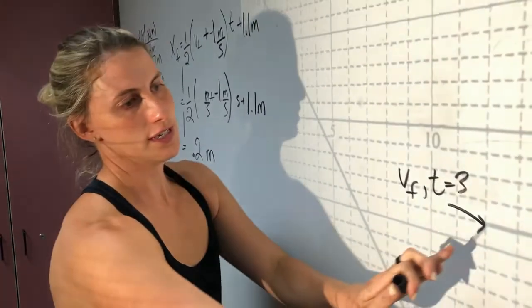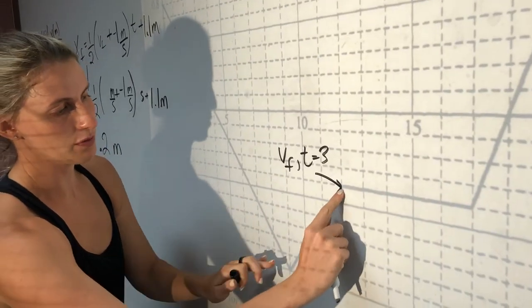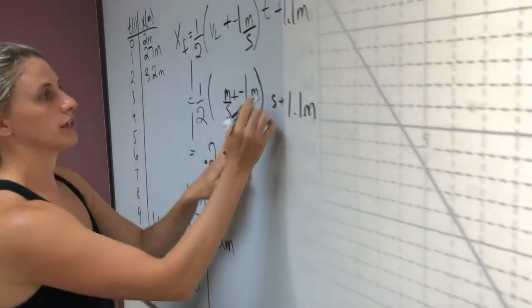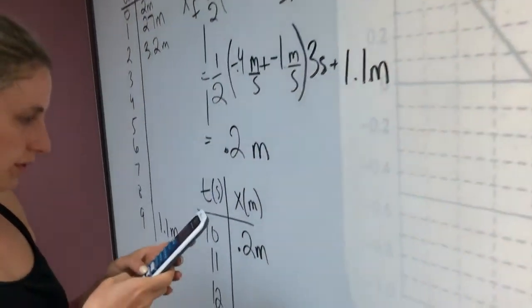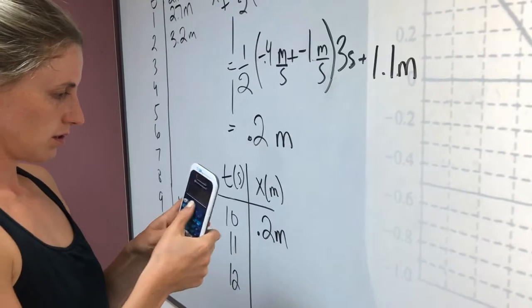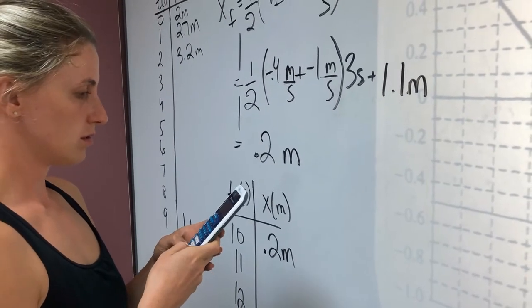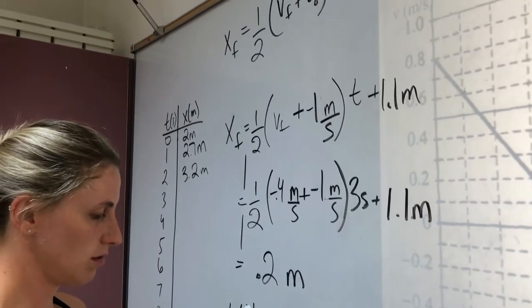In order to do this next time interval right here, I need to figure out what the final velocity was in this spot right here at t equals 3. So I'm going to plug it over here. Time equals 3. My final velocity is negative 0.4. Calculator. 0.5 times 0.4 plus 1 times 3 plus 1.1.